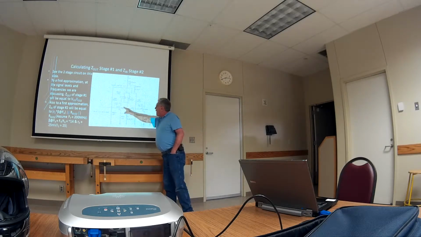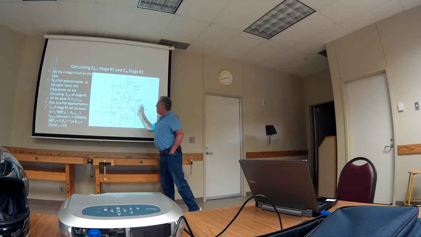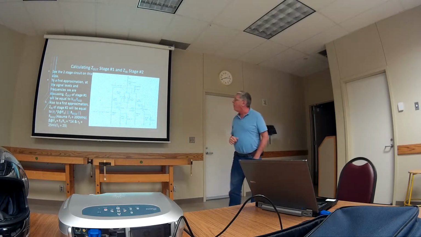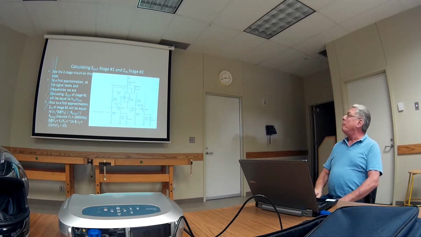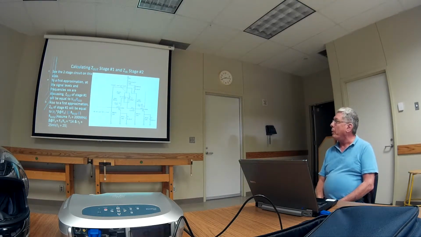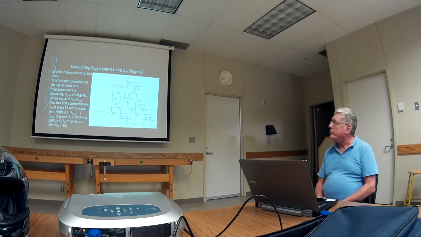And then we're going to tap the collector of this guy into the coil, and we're going to tap the base of the second guy into the coil. And you'll notice I've got a variable cap in there. We're going to talk more about that a little later. But as I mentioned, I'm starting to get to the point now where I like to use slug tune for a couple of different reasons that we'll talk about in a minute.